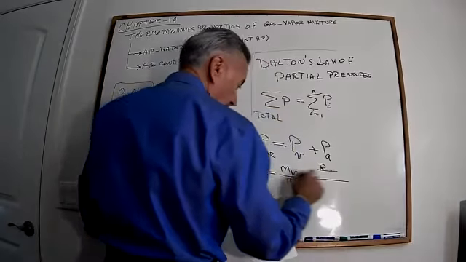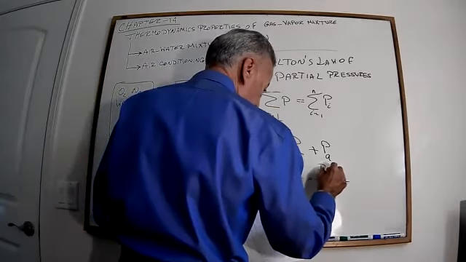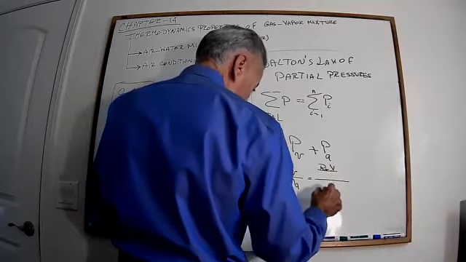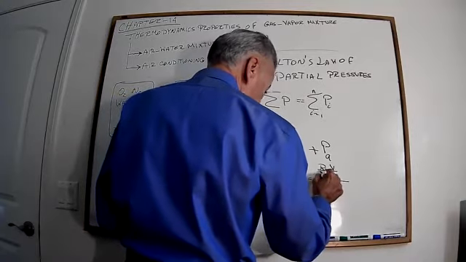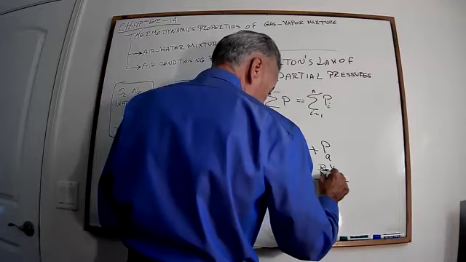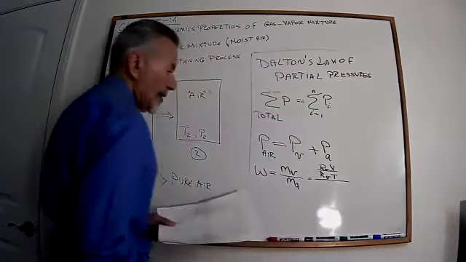Since this is for the vapor, that's P of vapor times volume divided by R of vapor times temperature.